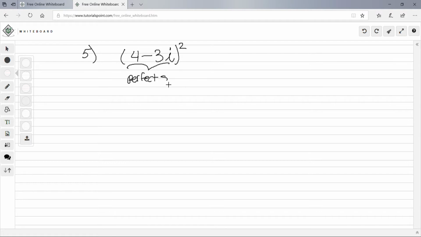If you don't know what that is, it's basically this: A minus B squared equals A squared minus 2AB plus B squared. So our answer is going to be in this form, and we just have to figure out our A and our B.